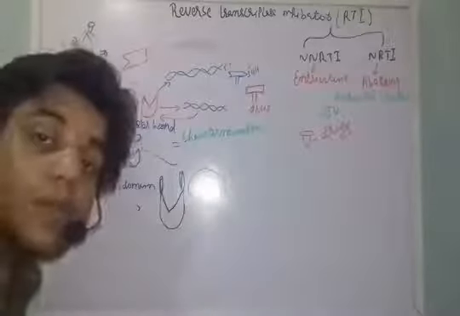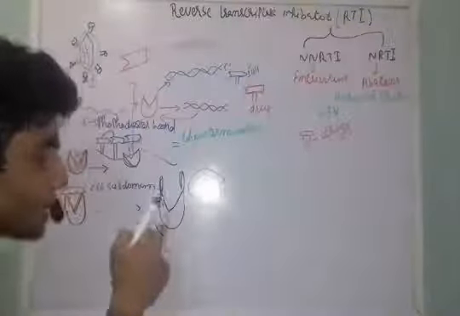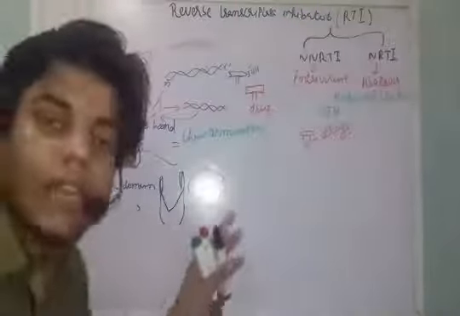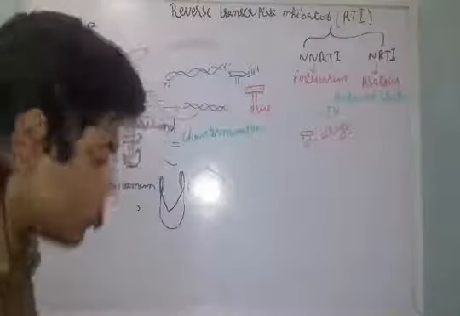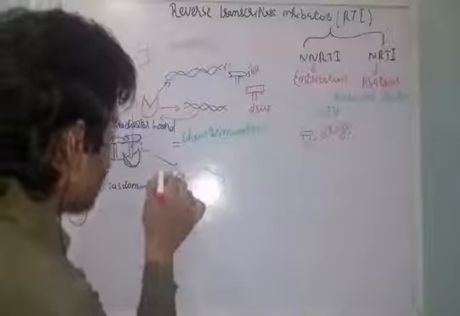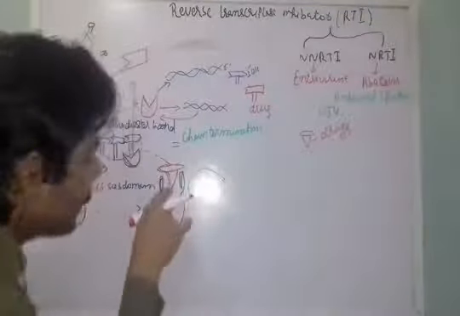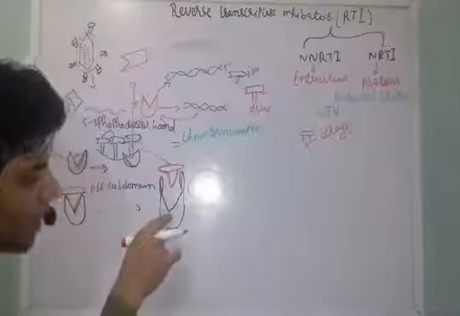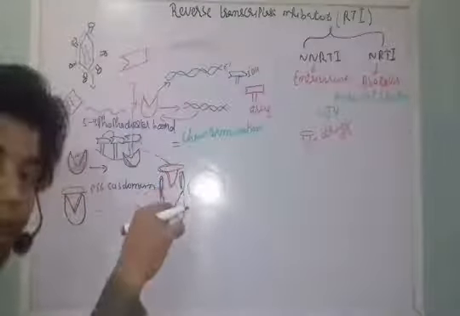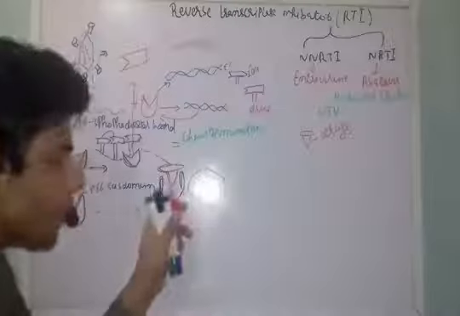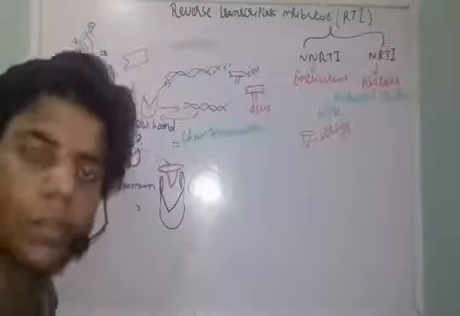Now due to this finger-like structure, the enzyme will not reach this active site. Why? Let's suppose the enzyme is bound here, but due to this binding, the drug will not bind to the active site of the enzyme.